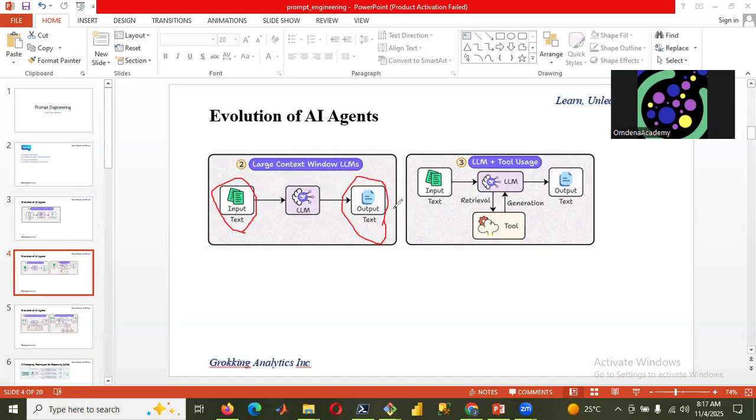So they grew from there into the third one, where it now involves tool usage. What this simply means is that it's using a RAG. What RAG means is retrieval augmented generation. The augmentation takes place on this tool side. So you have this component, which is the input, where you enter your text.